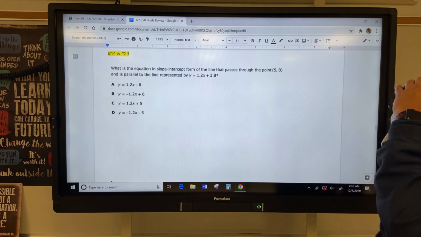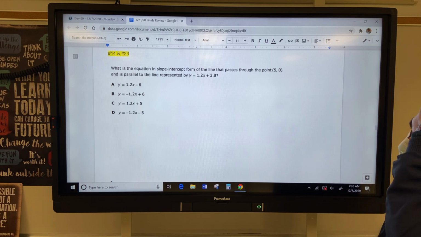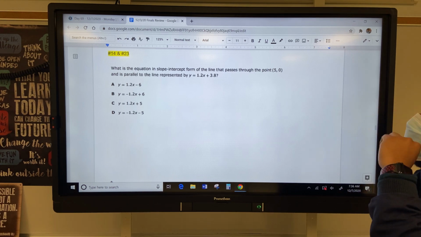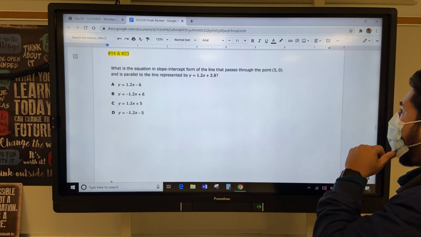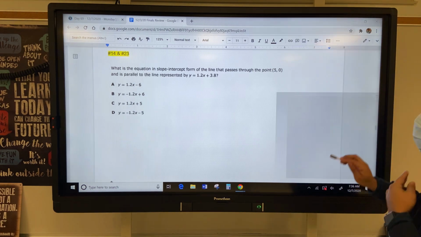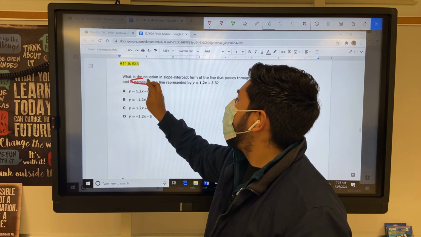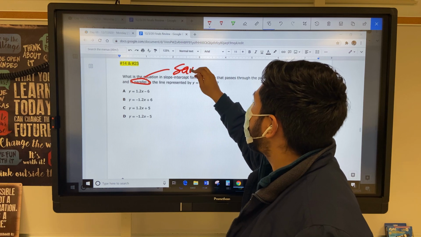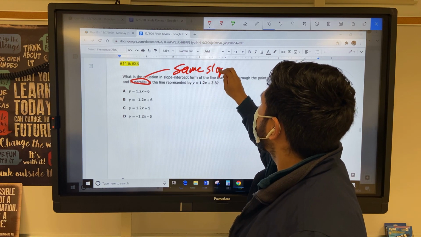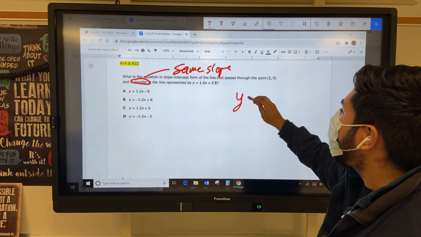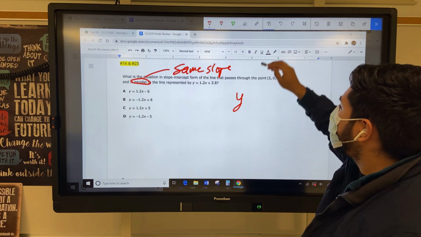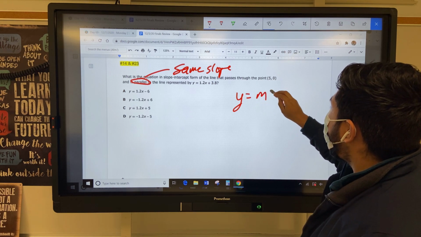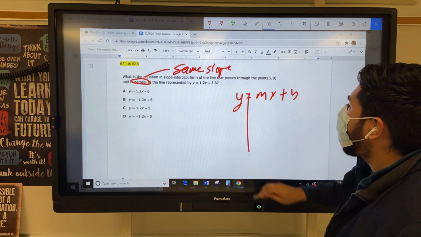Okay. What is the equation in slope intercept form of the line that passes through and is parallel to the line represented? Keyword is parallel. Parallel is same slope. This is the whole time that we did y equals mx plus b.